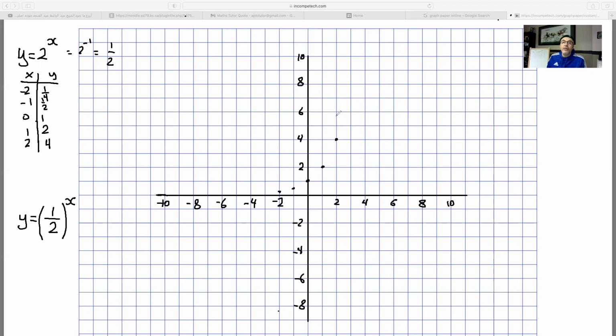And therefore, this graph just looks like this. So these are the points right here, and so on. So simply use a table of values, and then you'll know what this graph looks like.